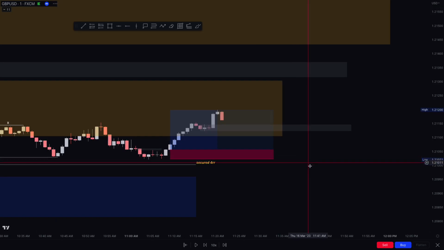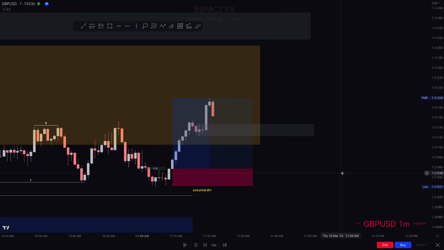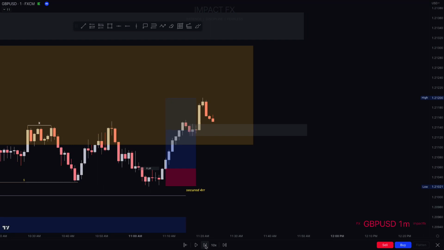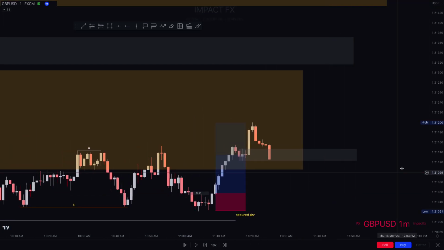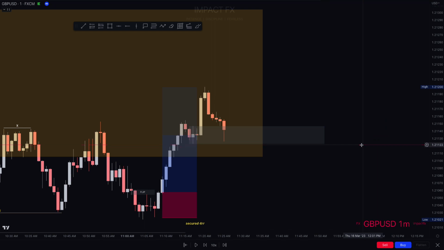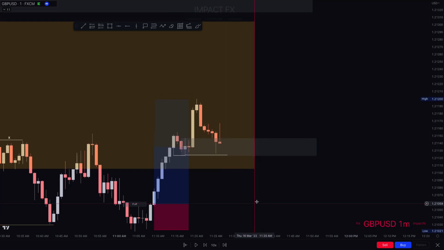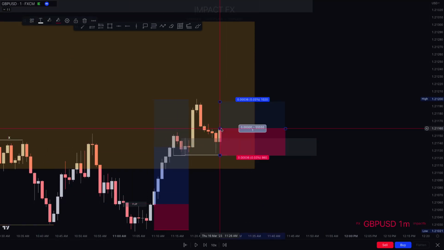So let's see if we can get into any sort of continuation trade. Okay, so this swept that liquidity. Let's see if this gets run or if it holds. Okay, we're gonna try one more trade here.